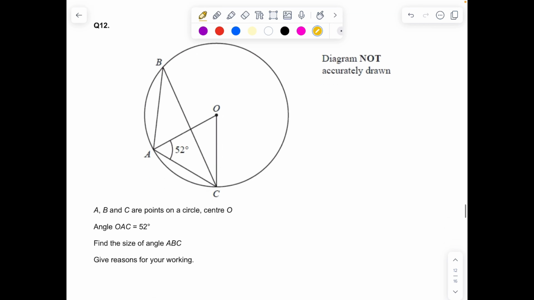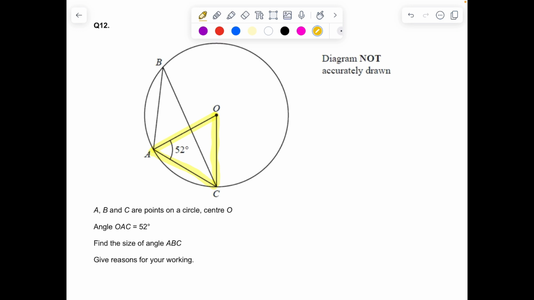Okay, question 12. Not as horrible as some of you maybe thought it would be. So we're going to look at this triangle here. And you can see, hopefully, that it is an isosceles triangle.